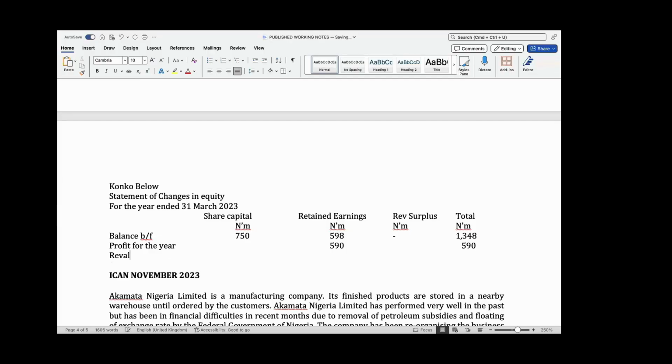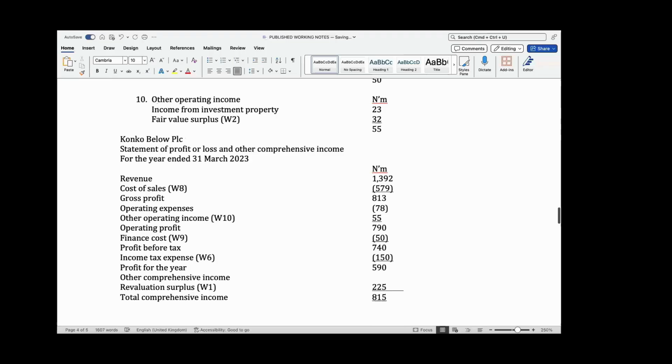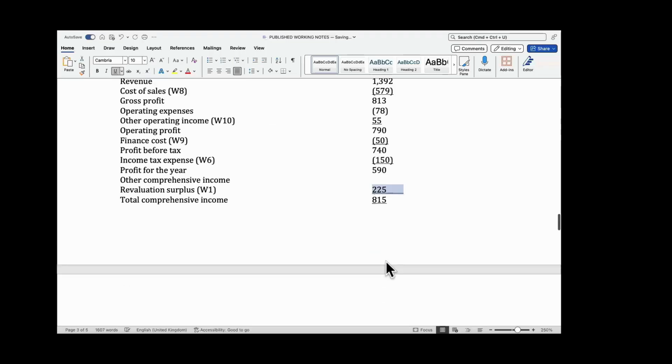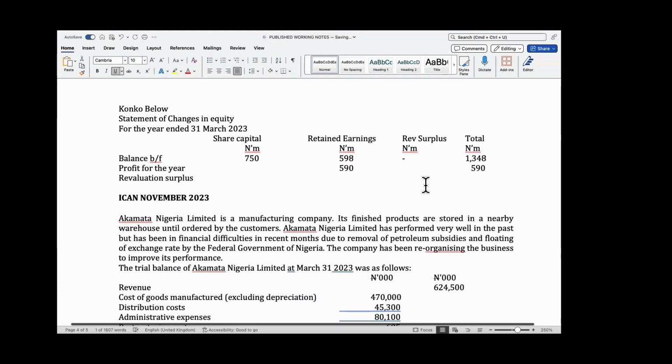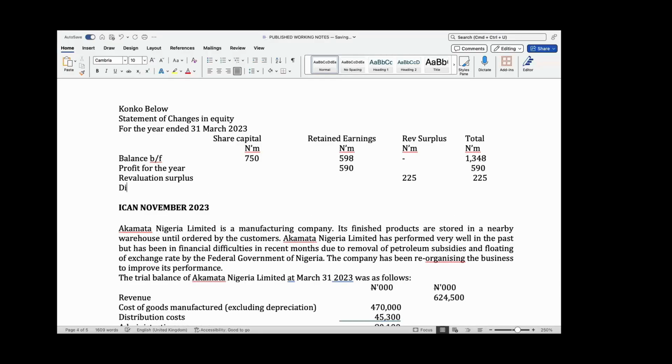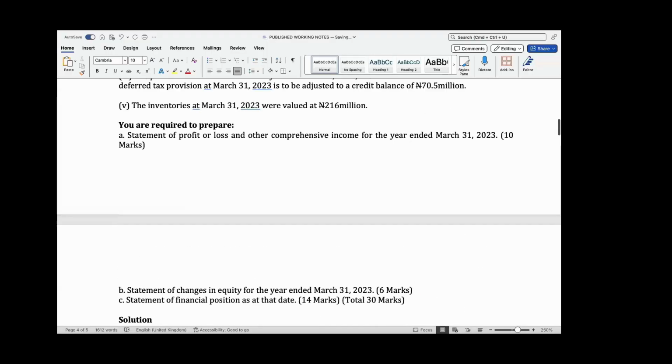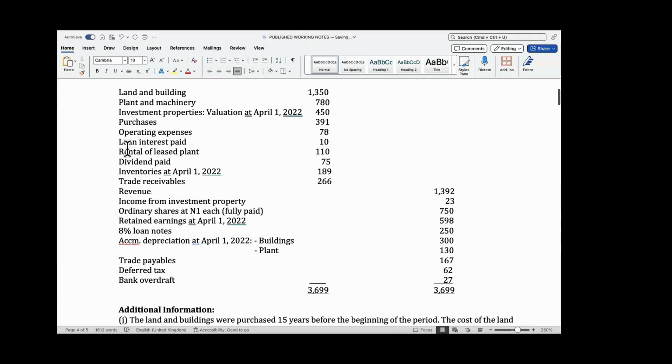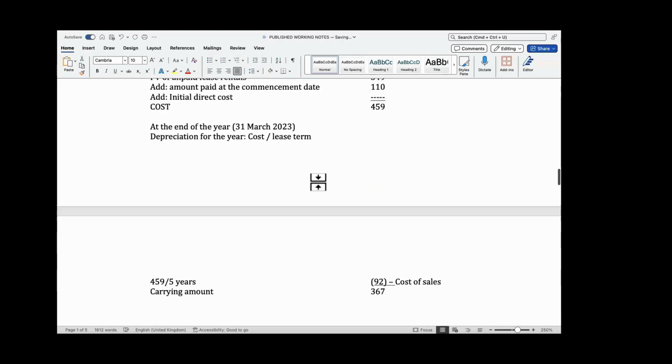Then I'll have evaluation surplus. This is 225. Then I'll have dividend paid from the trial balance, which is 75.